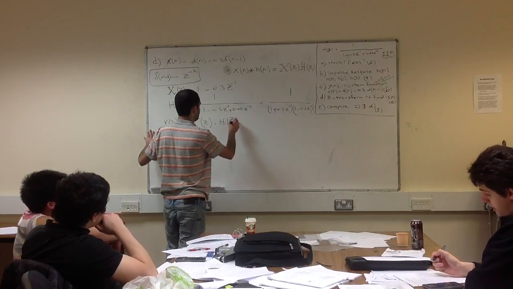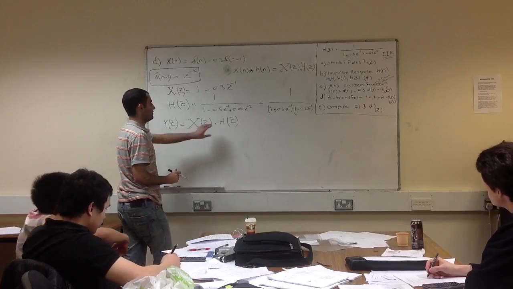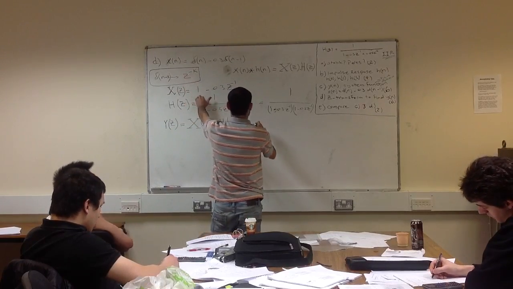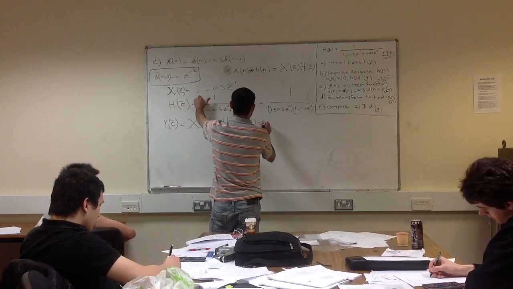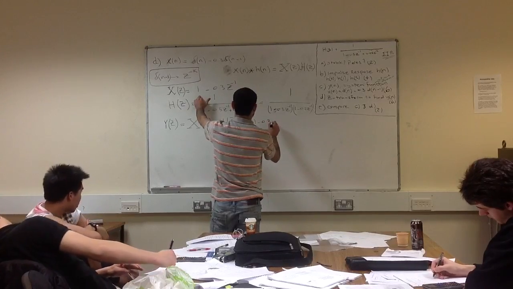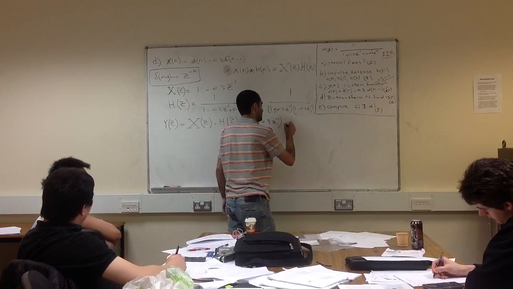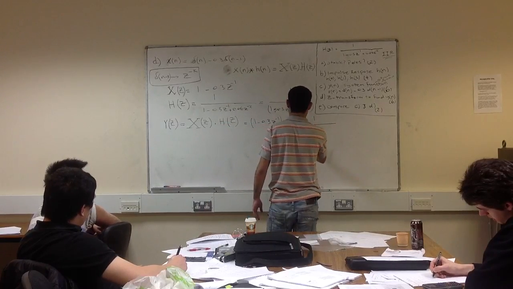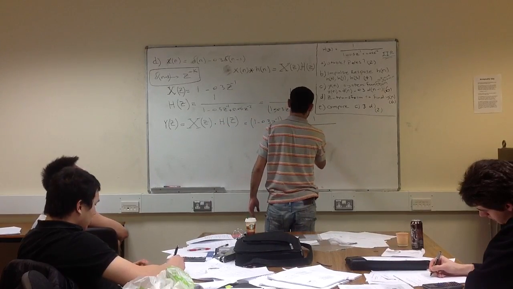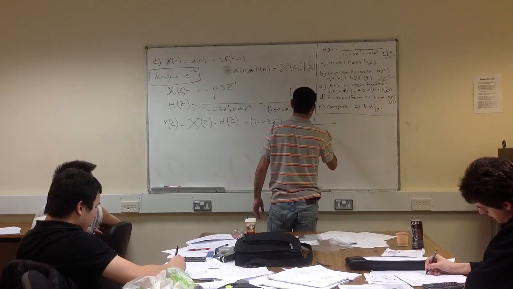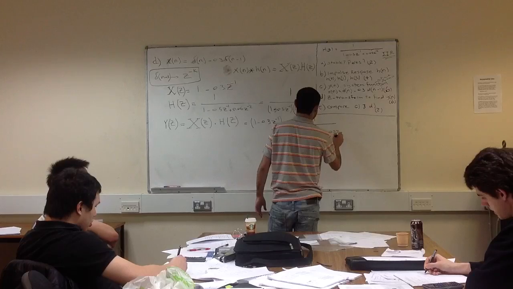So that's going to equal 1 minus 0.3 z to the minus 1, over 1, equals 1 over 1 minus 0.2 z to the minus 1. Can you transform that?